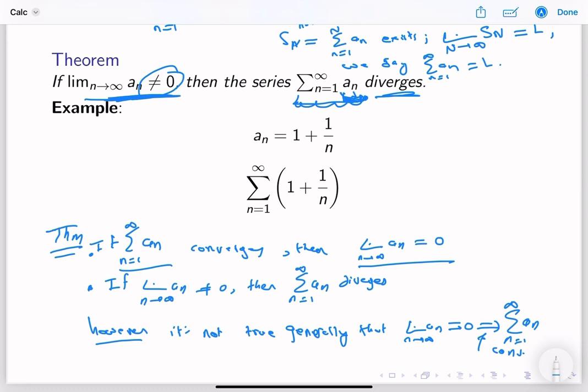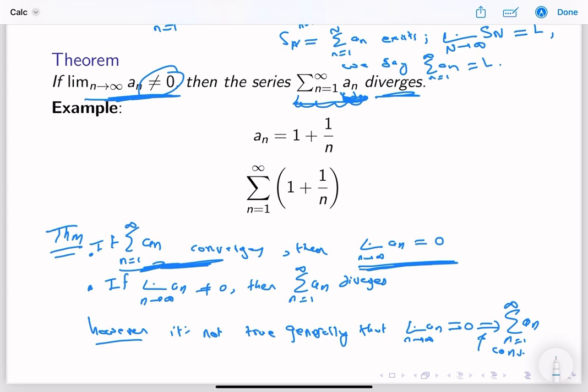This theorem is saying if this series is convergent, then the summand must go to 0. So you can only use this theorem to prove a series is divergent, right? So the first thing you need to do when you have a series and you're asked to decide whether it converges or not is to compute the limit of its summand.